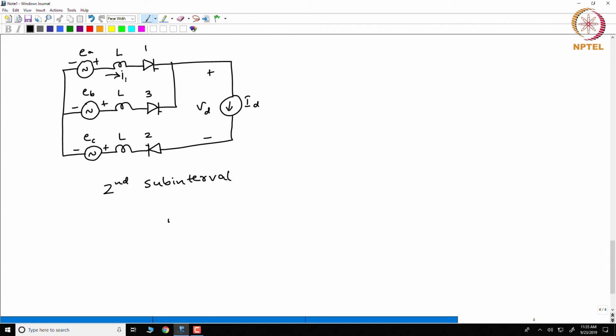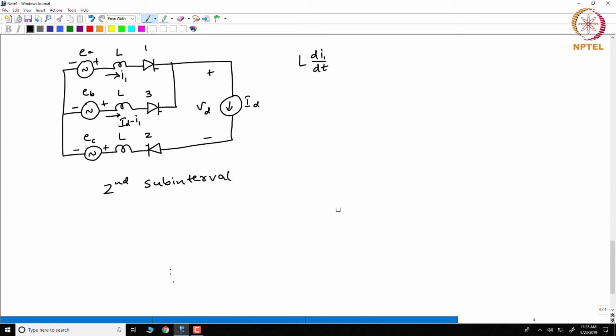So there are two loops. One of the loop currents ID is known. So I have to just write the equation for I1. If I apply Kirchhoff's voltage law, I get the equation L di1 by dt, and the current through this inductance connected in series with EB is ID minus I1.